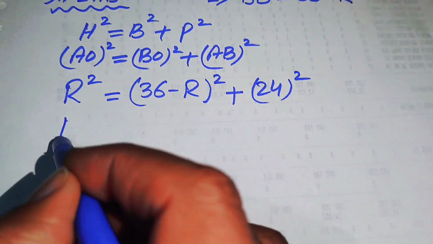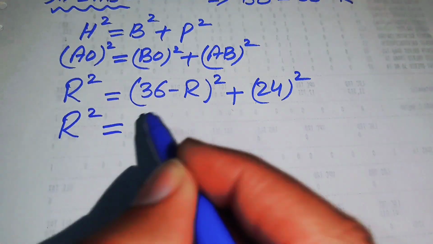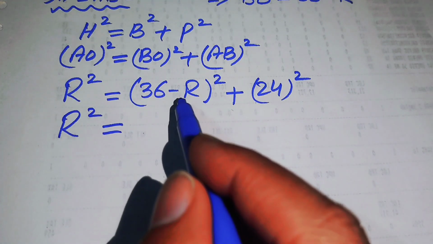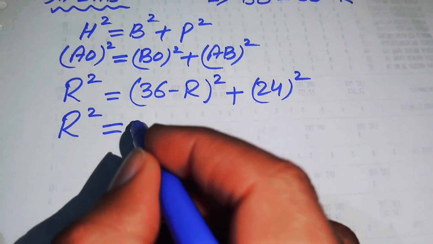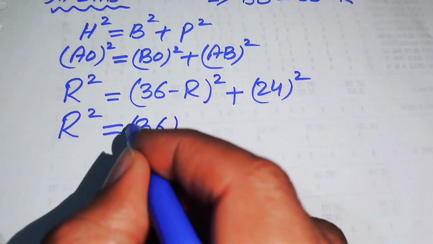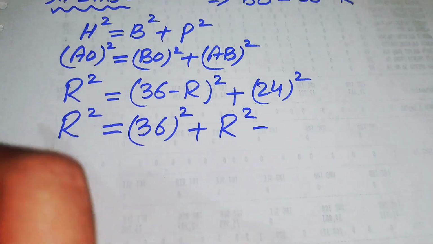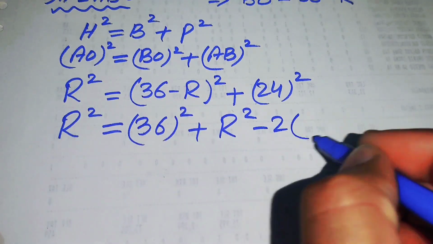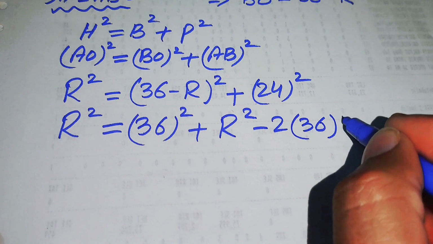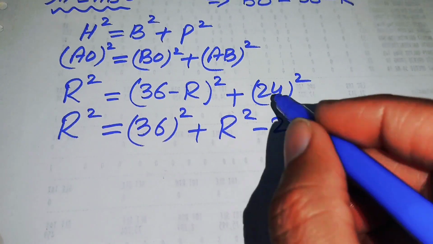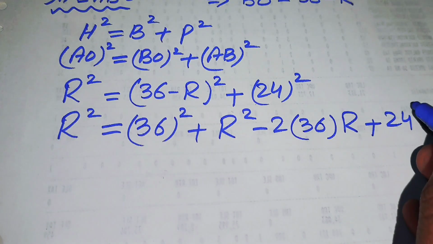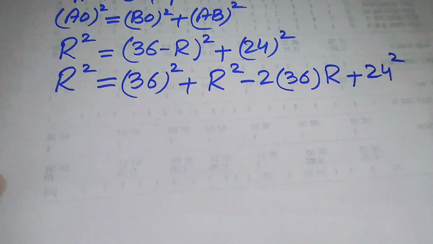Now we simplify this relation and find the value of R. On the left hand side we have R square equals, now we open the square identity, 36 square plus R square minus 2 times 36 times R, plus 24 square.